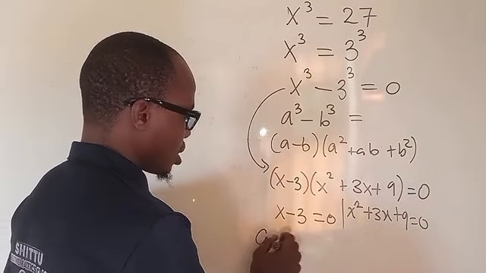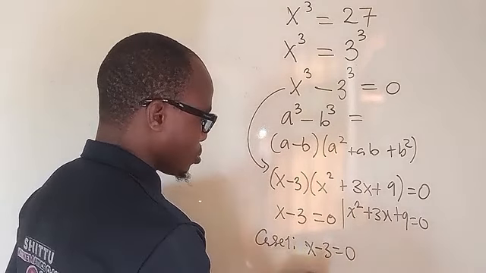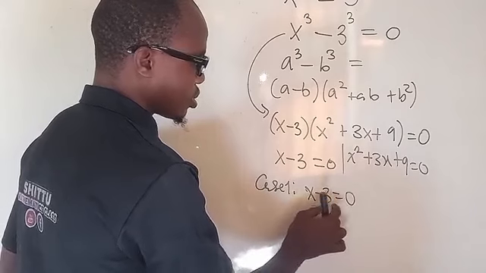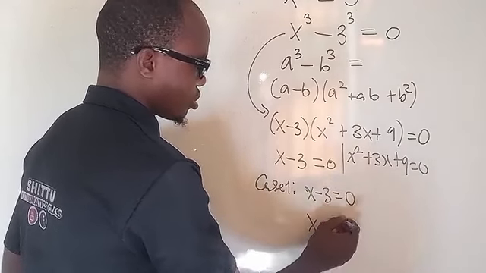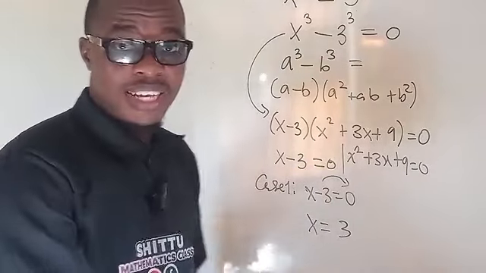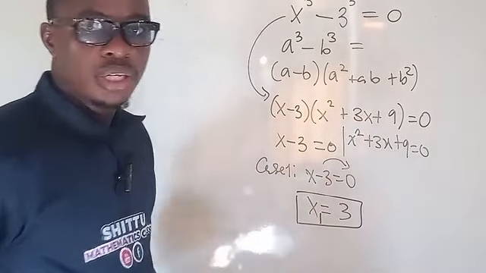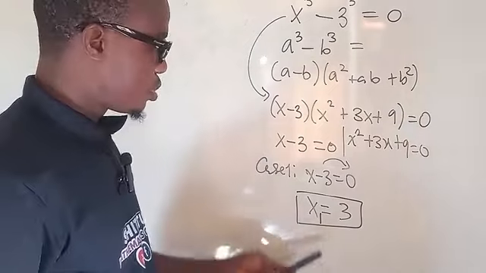Case 1: we have x minus 3 equals 0, which results in x equals 3 if you transpose this to the right hand side. So x1 is 3. That's the first solution that we're going to get.